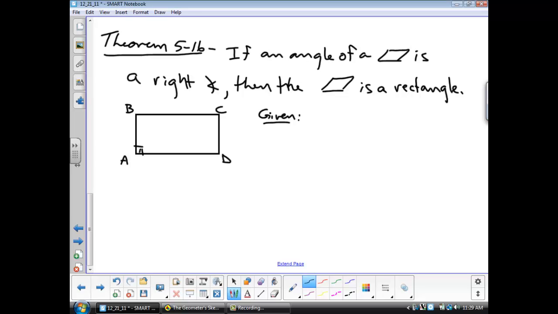So we'll say that angle A is a 90-degree angle. What we're going to prove then is that all of the angles are 90, which means this is a rectangle. So we're going to prove that ABCD is a rectangle.